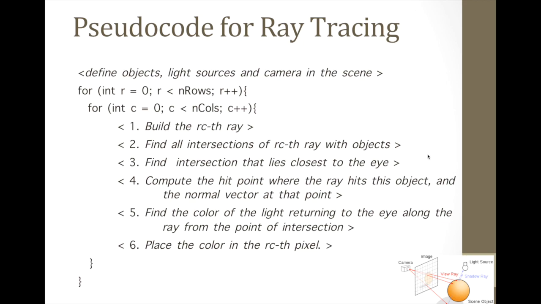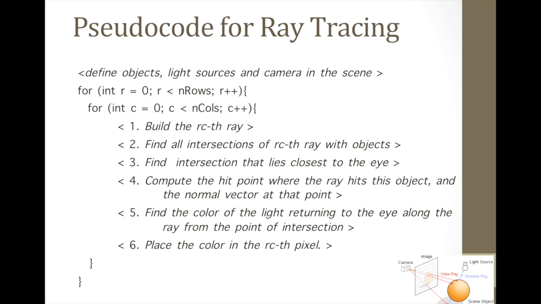Once we've tested against all the objects, then we can find the object that's closest to the camera or the eye. We know that's the one that hits first, and that's the one we care about. So once we know that's the object it hits first, we use the parametric form to find exactly where it hits the object. We find the normal vector at that point of the object. We can then calculate the reflection. Then we can trace that ray to the next place it bounces against another object or to a light source.